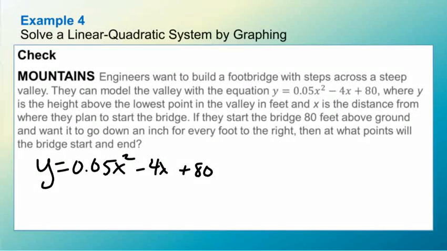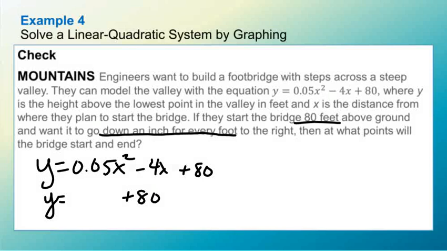The second equation is going to be a linear. They want to start at 80 feet, so that's a plus 80 on the linear equation, a y-intercept at 80. And it wants to go down an inch for every foot.